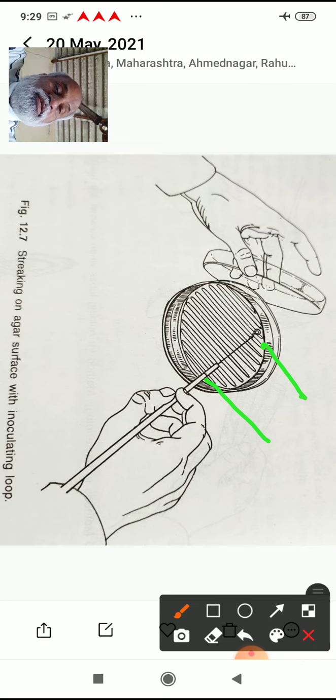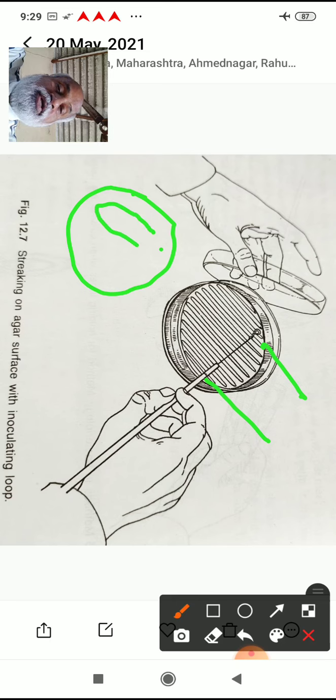So first it will be placed somewhere here. Suppose this is the petri dish which is containing agar. So you place the inoculation needle here and continuously you give such streaks on the surface.